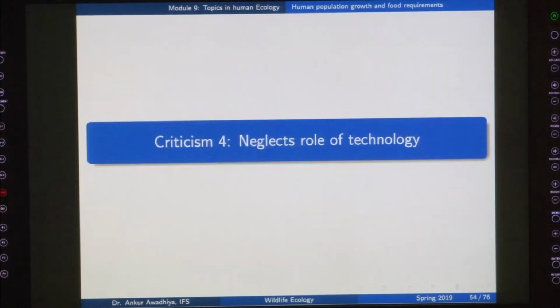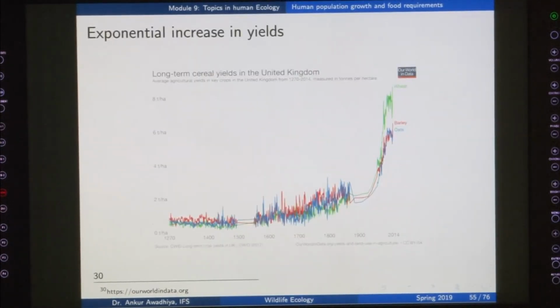And the fourth thing that Malthus did not consider was the role of technology. When we are talking about the exponential increase in yields, we saw this curve before, wheat, barley and oats.